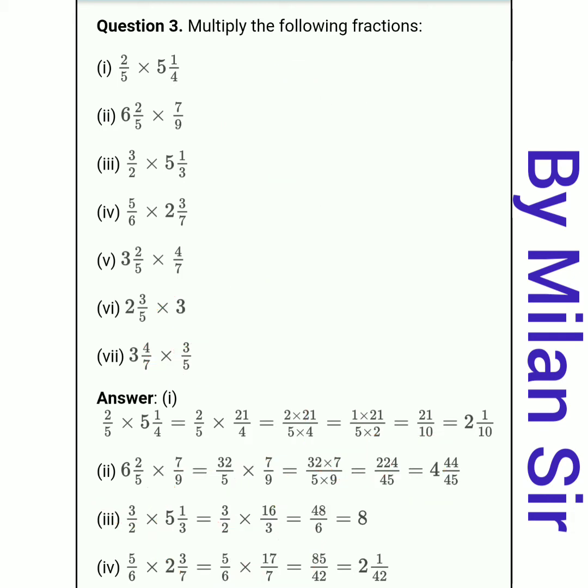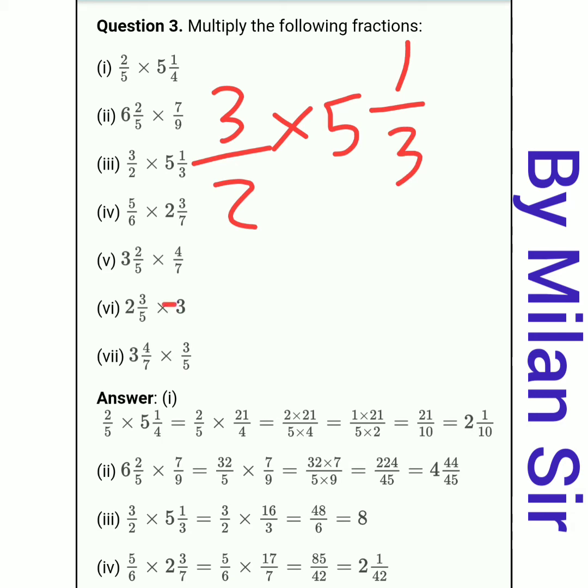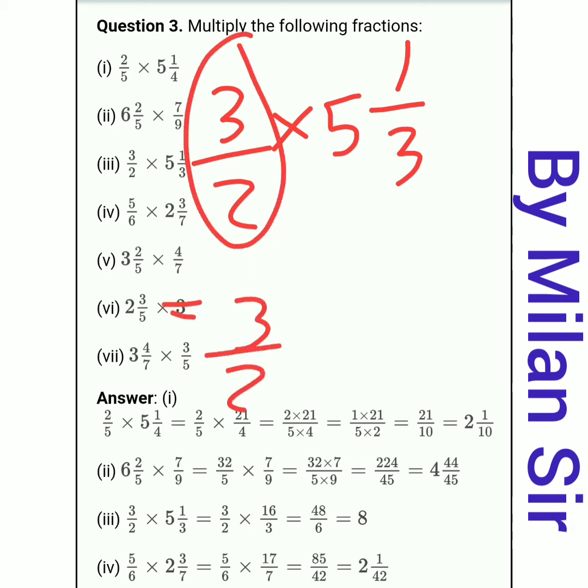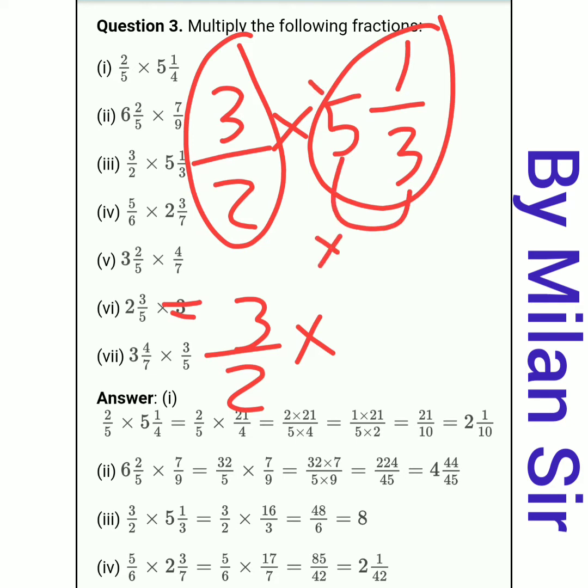Then question number 3, 3 by 2 multiply 5 integer 1 by 3. Here 3 by 2 as it is. Here we need to convert this mixed fraction into improper fraction. So 3 5s are 15, plus we need to add this numerator. So 5 3s are 15 plus 1, it is 16 divided by 3.